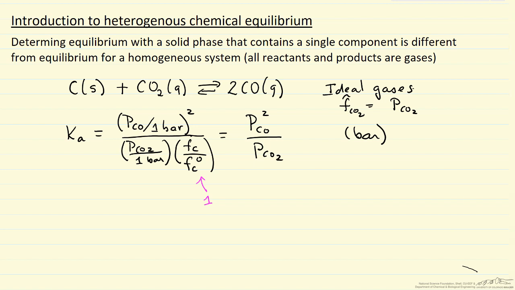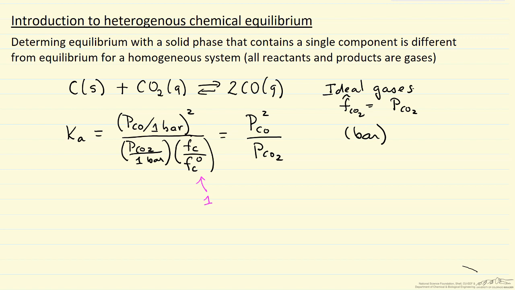So the important thing to note is, if I were to change the amount of carbon in my system, I don't change anything about this equilibrium expression. In other words, because carbon is in its own phase, a pure component, the amount of carbon does not affect its fugacity. But for this equilibrium expression to apply, carbon must be present.